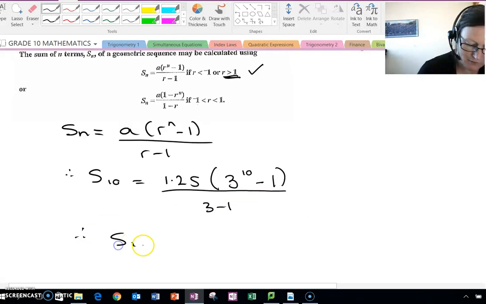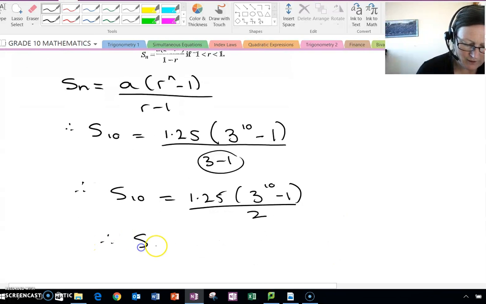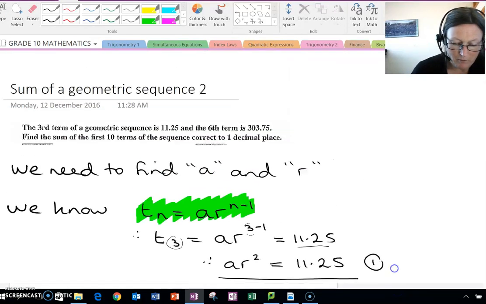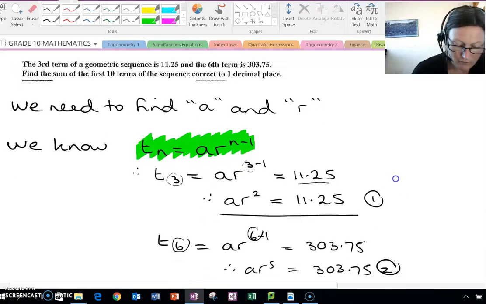So the sum of my first 10 terms equals 1.25 times 3 to the power of 10 subtract 1, divided by 2. So what I've done there is just said 3 minus 1 is 2. Put that into my calculator. The sum of the first 10 terms is 36,905.